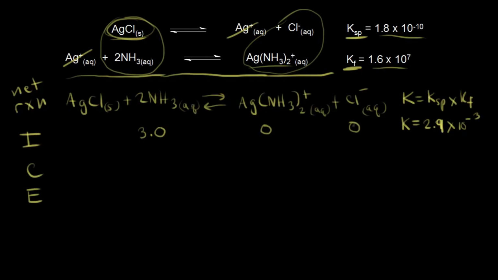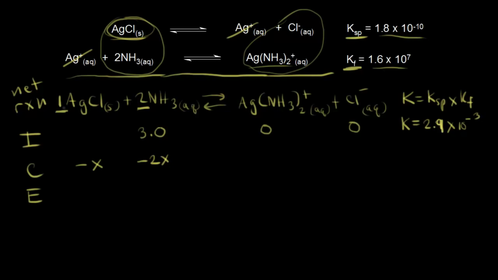Now we add our silver chloride to our solution of ammonia, and some of our silver chloride is going to dissolve, so we make that concentration X. We're losing a certain concentration of silver chloride, so we write minus X. Next, we look at our mole ratios. The mole ratio of solid silver chloride to ammonia is 1 to 2. So for every 1 mole of silver chloride that dissolves, we're also going to lose 2 moles of ammonia, so we write minus 2x here.